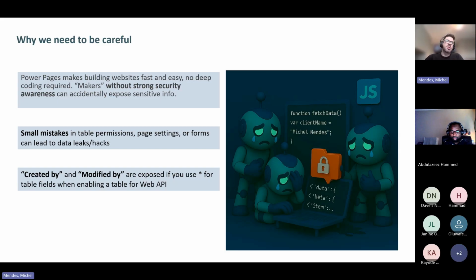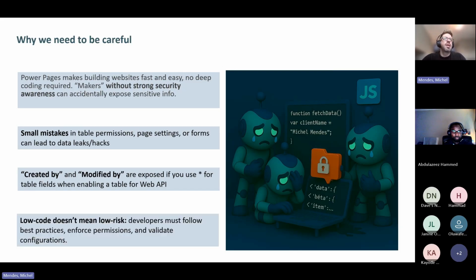But internally, the created by and modified by fields appear in any web API call that we make, if we do it that way. So for example, if I create a few records, that's not sensitive, but I can show that Michelle modified the records and what is the name of my business unit and some stuff like that. I don't think we should be exposing this, because it's not something that anyone external to the organization should be seeing, okay?